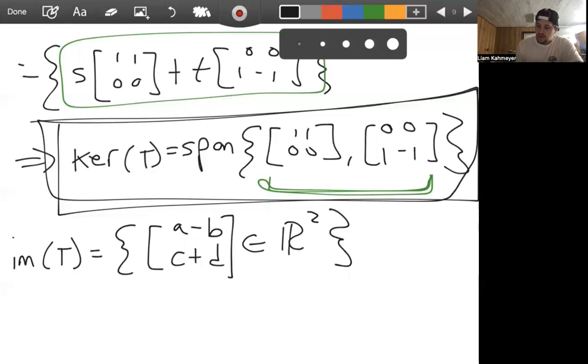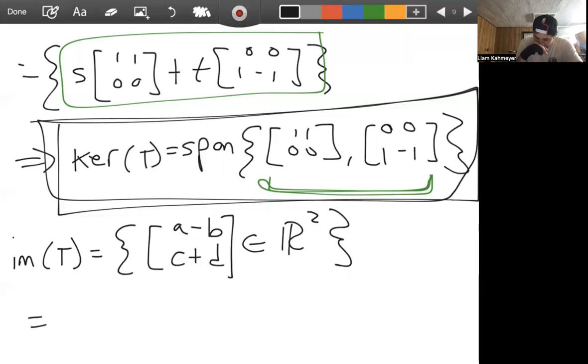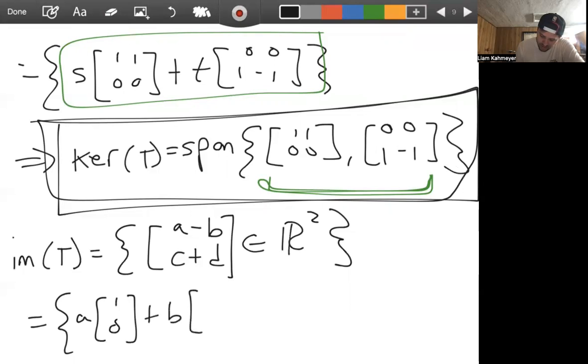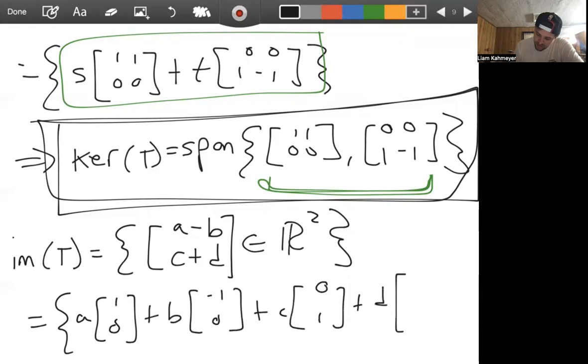Well, that means we can write these out more explicitly. Vectors (A minus B, C plus D) can be expressed as a linear combination as follows: A times (1, 0), plus B times (negative 1, 0), plus C times (0, 1), plus D times (0, 1), right?